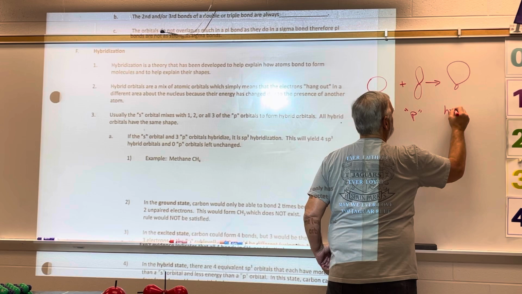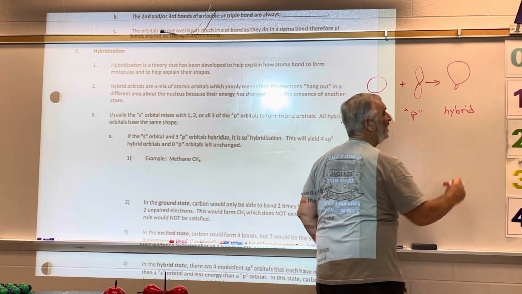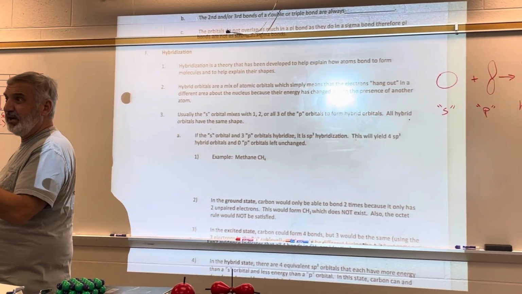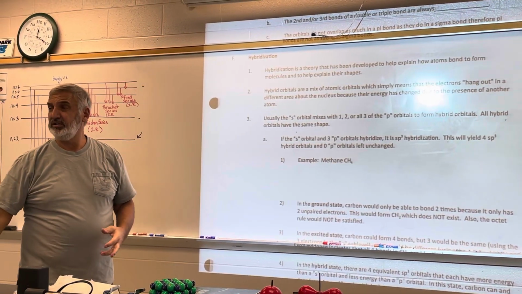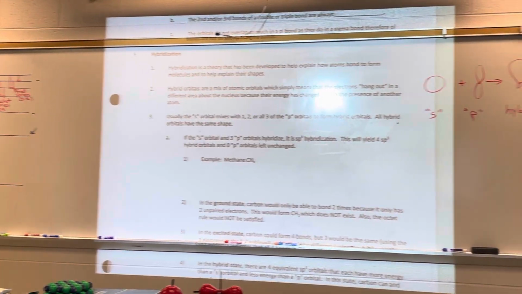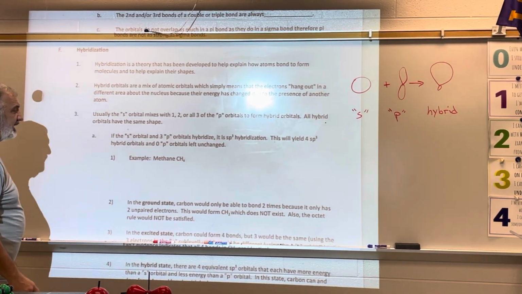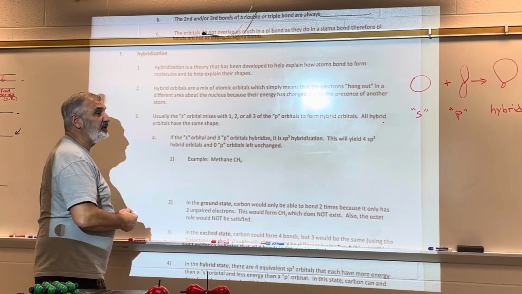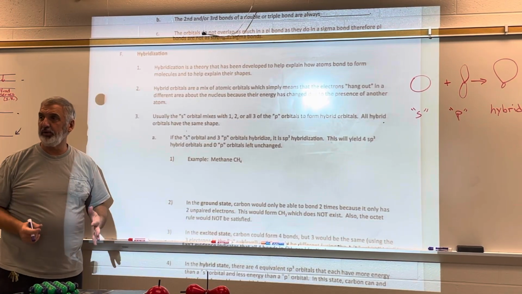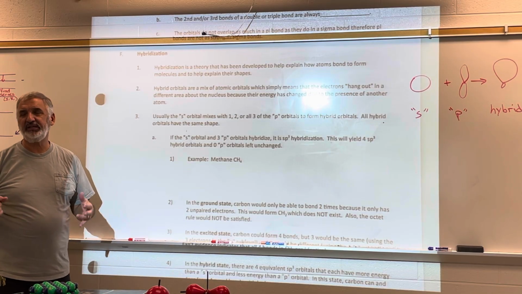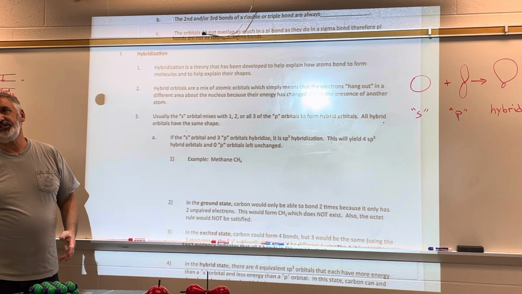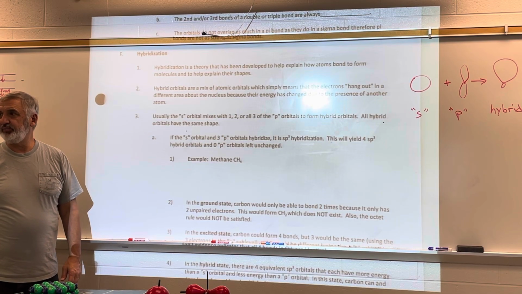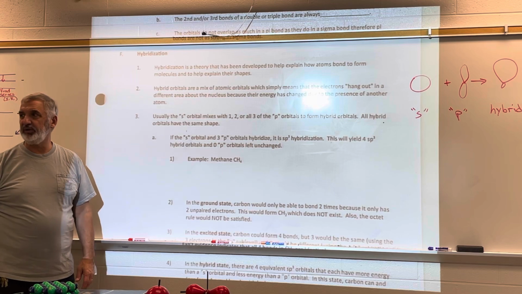This is my hybrid. I get a fattened lobe, and it's got a tiny little nub for the second lobe. Now, hybridization is only going to be with s and p orbitals. It used to be thought that the d's were involved, but experimental evidence over the past 15 years or so has shown that d orbitals actually aren't involved in hybridization.